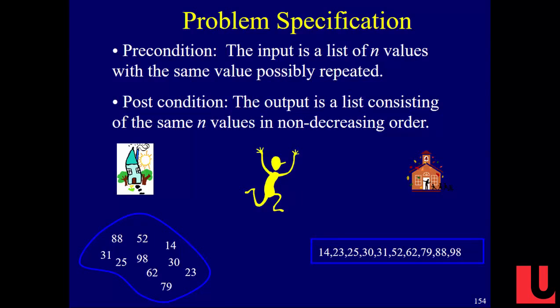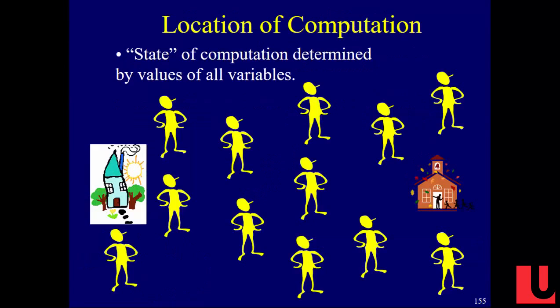And the postcondition is that we have the same numbers with the same number of repeats, and they're sorted. All right, everybody good? Pre-post condition?